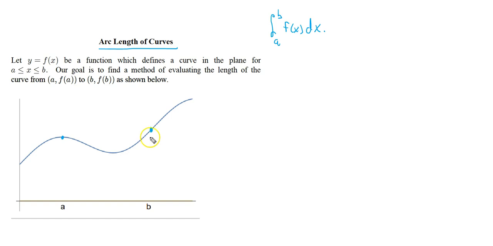Now, to do this, we'll see that we can actually employ integral calculus. So to start, we're going to approximate this curve with little line segments. If we take the interval from a to b, we'll start by partitioning it into n subintervals.